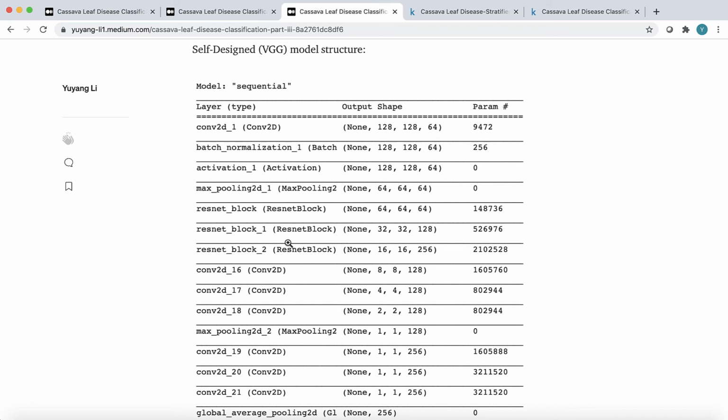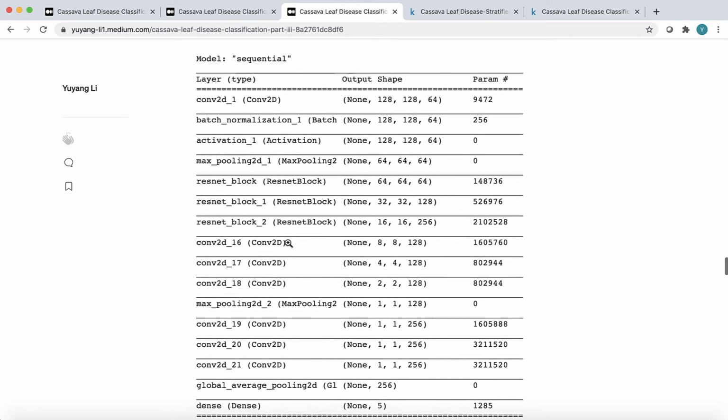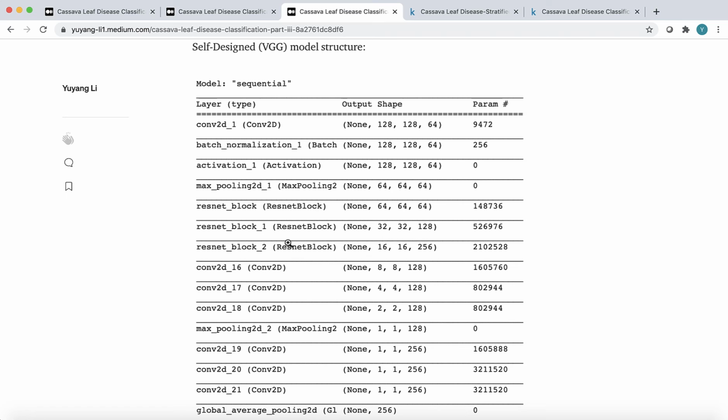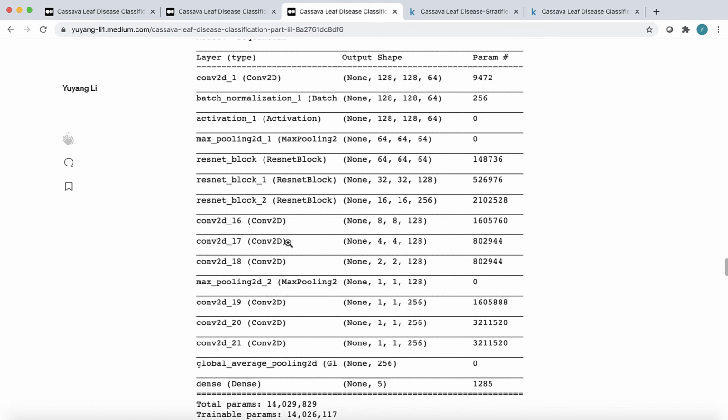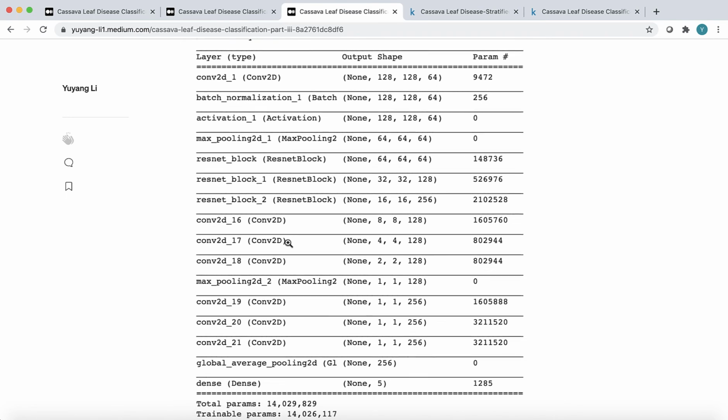We increase the depth of the model. The ultimate model combined the CNN baseline model, VGGNet, and ResNet together to build up the structure. Here is a summary of our model. You can go through the layers with me together.